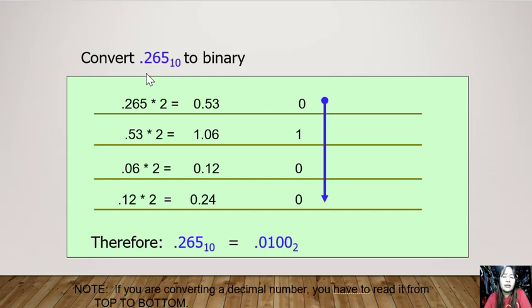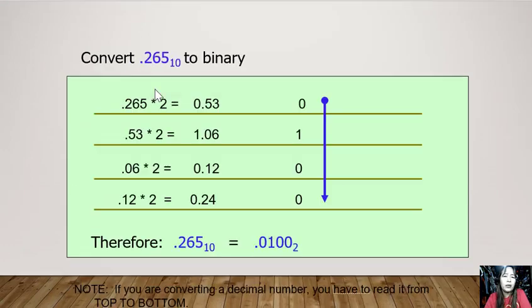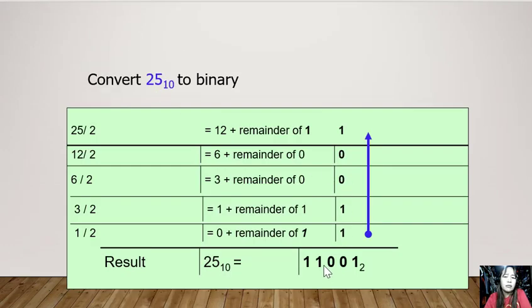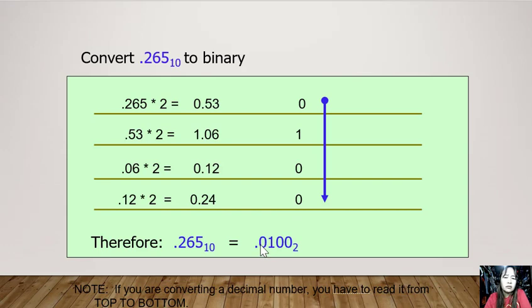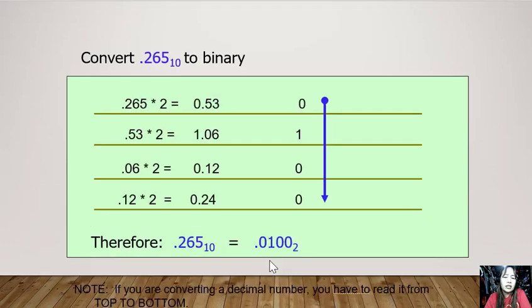So if the number given to you for conversion is 25.265, you have 11001.0100, and that is your binary form of 25.265 in decimal.